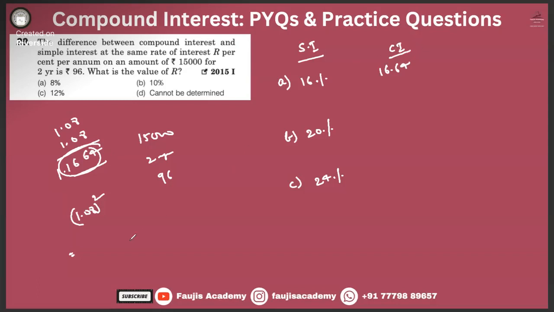And if it were 10%, that means 1.1 whole square. That means 1.21, which means 21%. And this is 1.12 whole square. Right now, the C option 12%, 1.2544.